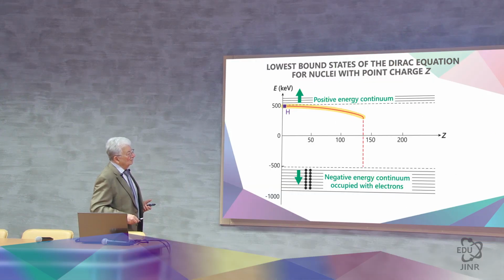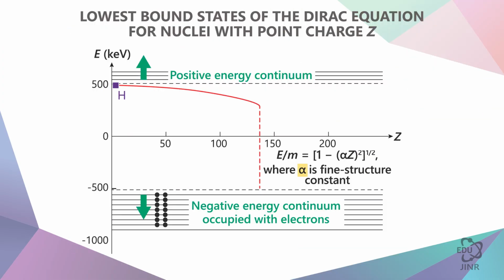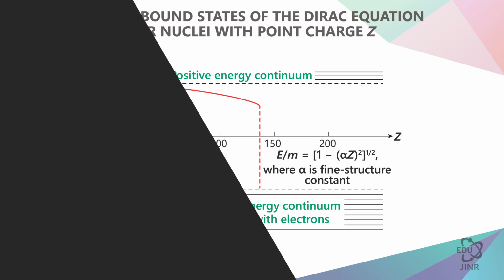And it increases according to Dirac's equation, the square root of 1 minus alpha Z squared, where alpha is the fine structure constant. The fine structure constant is a constant that speaks of the strength of the electromagnetic interaction. We will return to the constant values of quantities later.